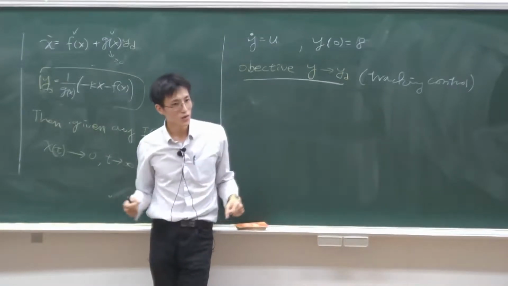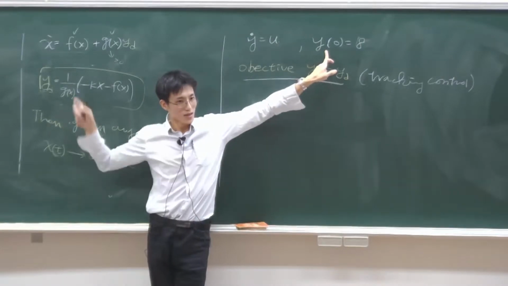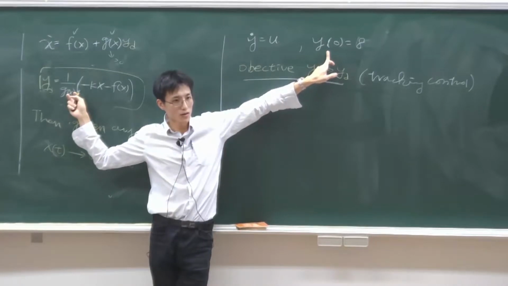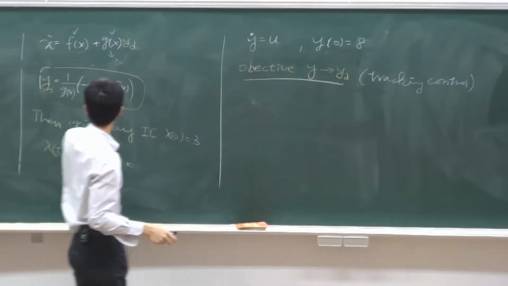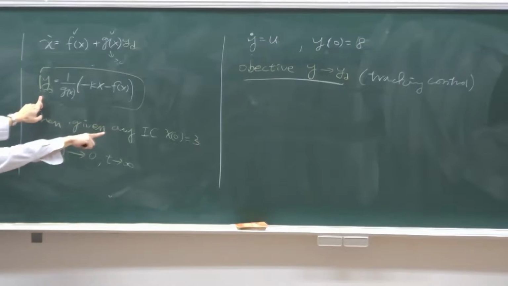I don't ask you to initially locate at the exact location as required by the system one. It's not required, but eventually this y will be yd. Okay, so that's a tracking problem.